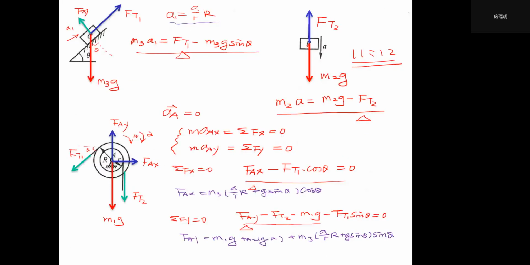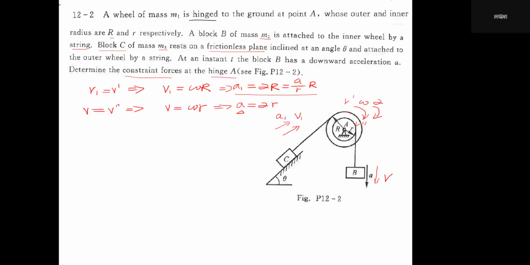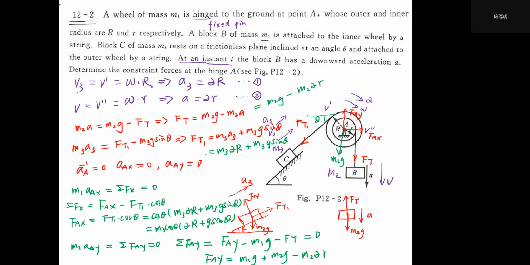Maybe you can take your time to look at this again, right? This is the whole process here. So this is the important relationship between this point and this point, and this point and this point. That's how we find the relationship.